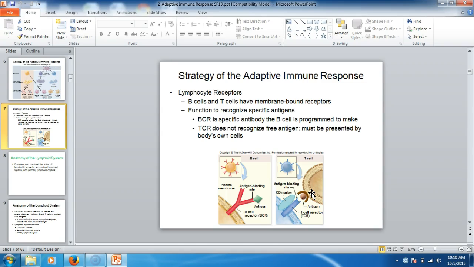So which one of the T cells do you think we want to be able to interact with your cells that are potentially infected? Do we want a helper T cell or a cytotoxic T cell? Cytotoxic, because we want to kill that cell that's infected, right? So cytotoxic T cells have CD what? 8, right? Remember 8, eat.